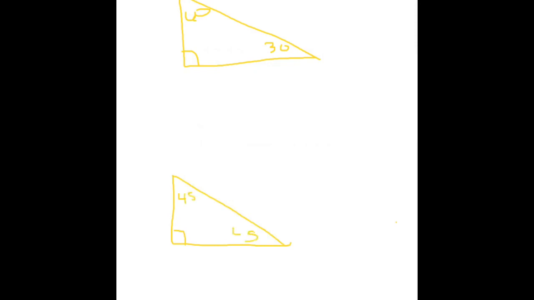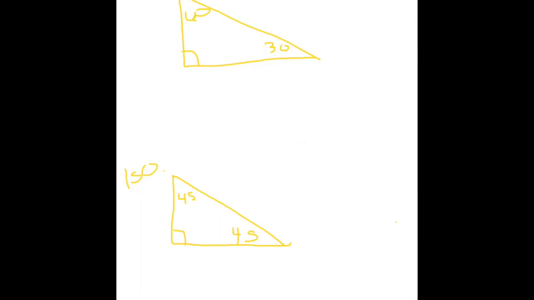Remember, this would be called an isosceles triangle. So why do these triangles matter? These are special case triangles, ones that you'll have to be able to identify, especially when it comes to trig.